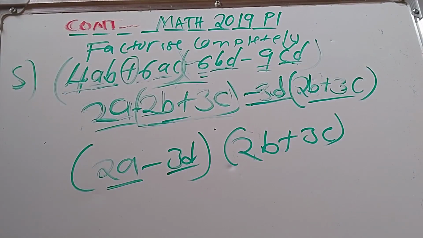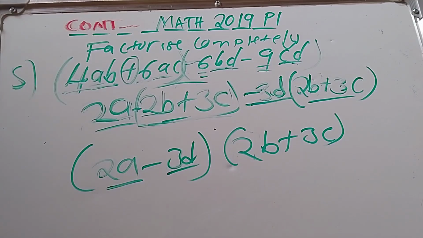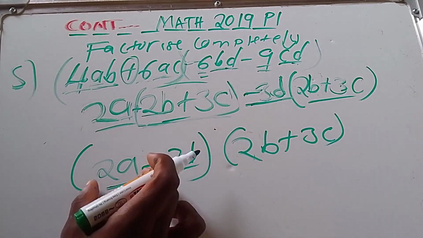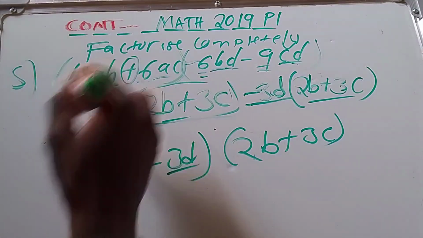So now, since we have reached this extent, you cannot simplify this further, because if you want to simplify, then it means you are going to start expanding. If you multiply this one times this one, you're going to have something like 4ab.